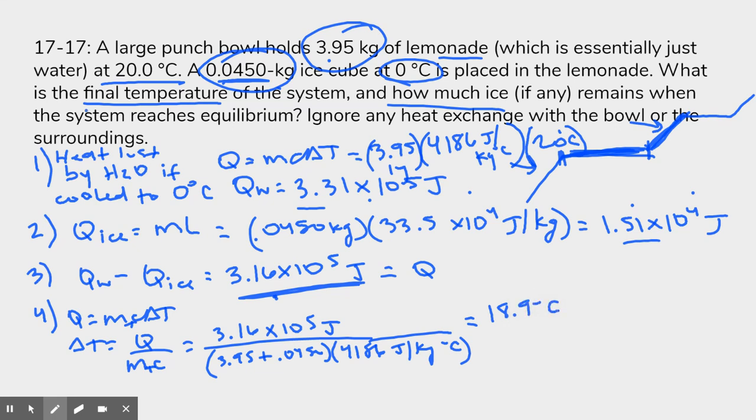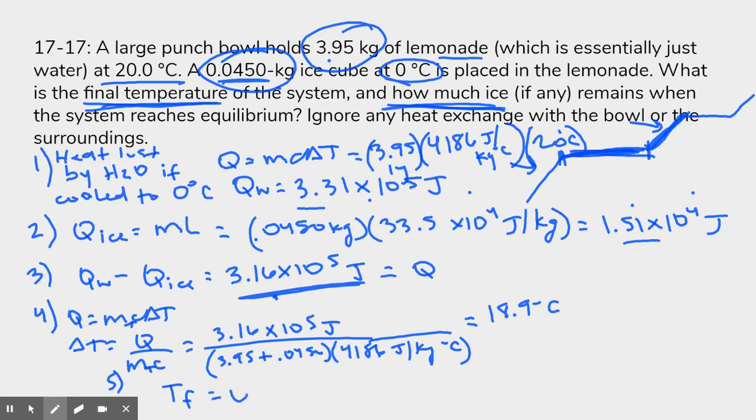So we want to know the final temperature of the whole system after this process has occurred. Well, the final temperature, okay, so we're going to do this last step, step 5. Final temperature is going to be 0, because we want to see what's happening with the ice, if there's going to be any ice.